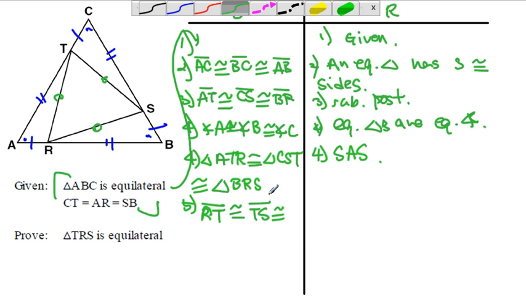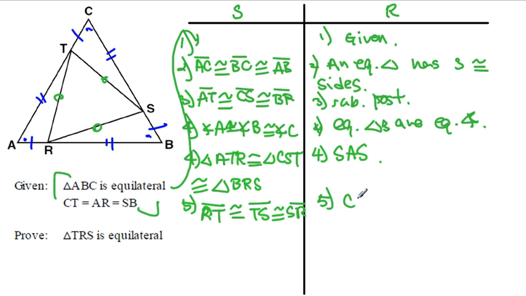My bad. So SR. Now, number 5 would be the big CPCTC for all three triangles.